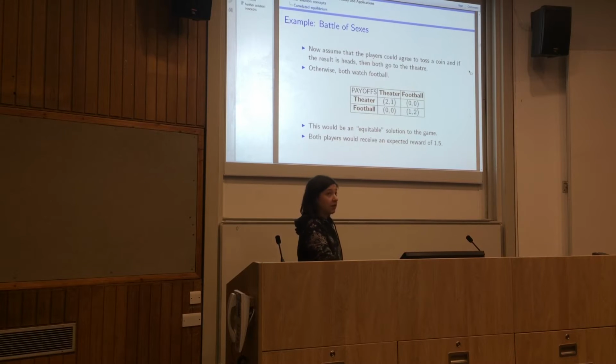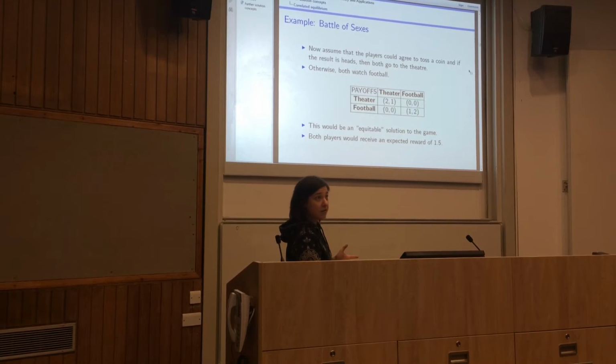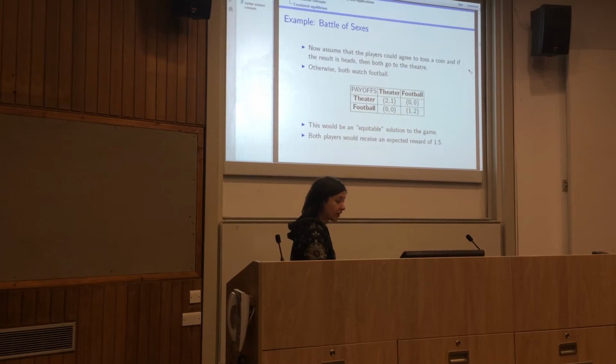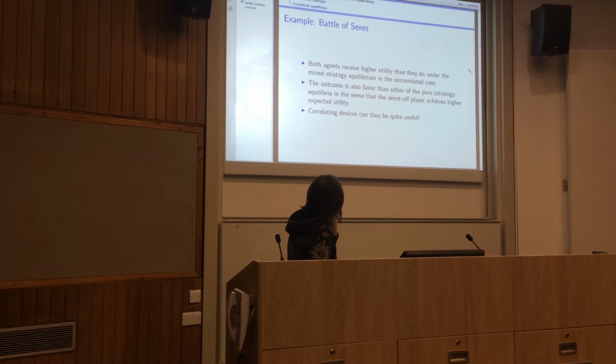So a correlated strategy for the players gives the joint probability for a strategy profile, which is not necessarily a product of marginal probabilities for all the players. So in fact, the mixed strategy profiles are a subset of correlated profiles.